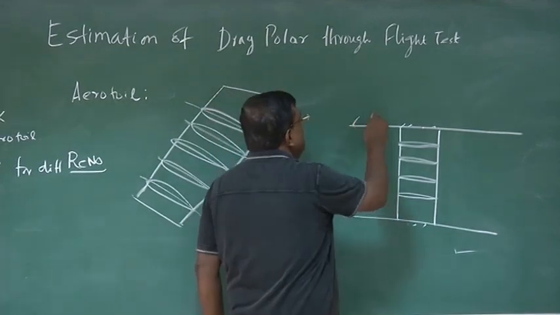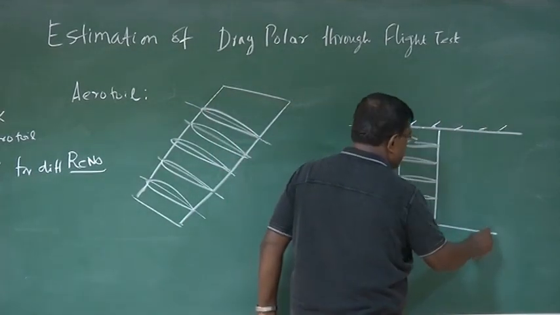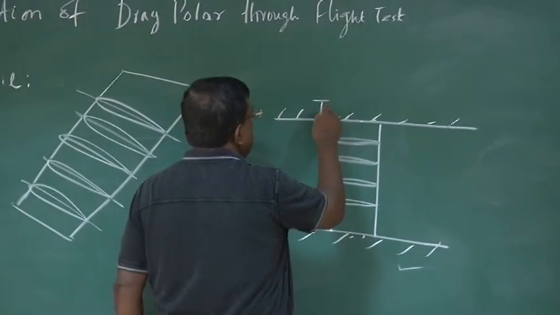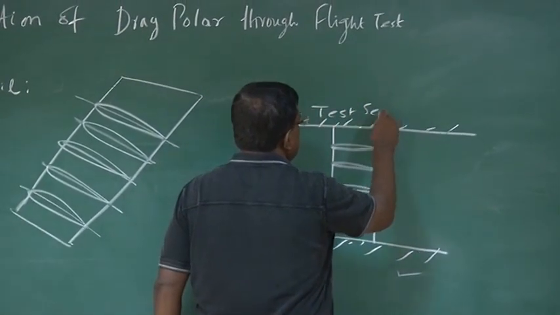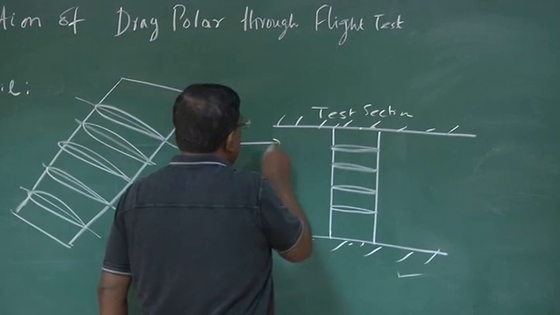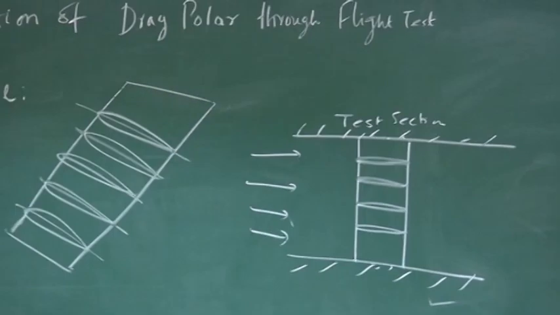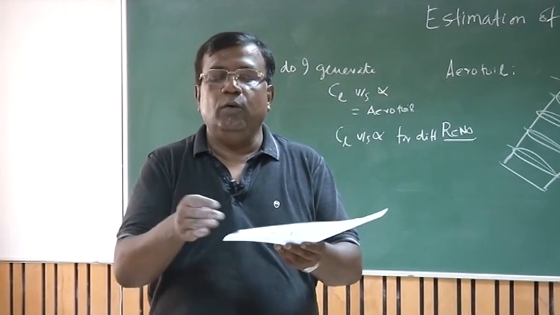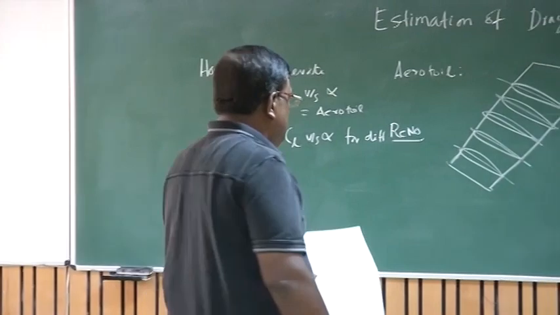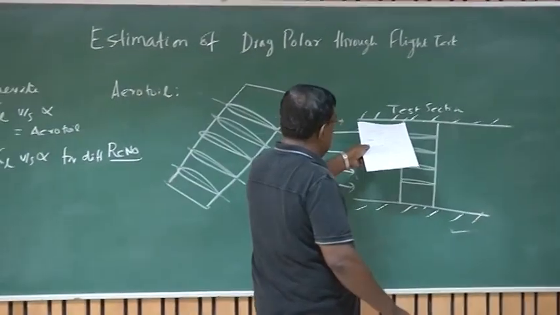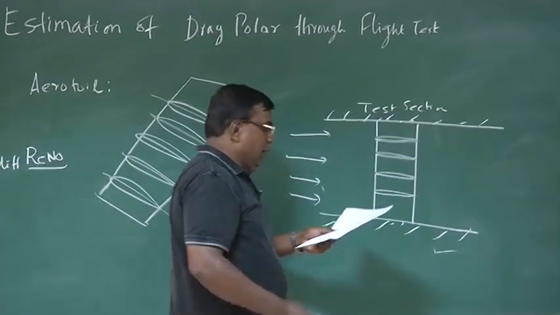This is the wind tunnel test section. Okay? Test section. And air is blowing like this. If the wingtips were not touching the wall, then it would have behaved like a finite wing. If there is a gap, flow will come like this. So by ensuring that they are touching the test section wall, we are avoiding that.